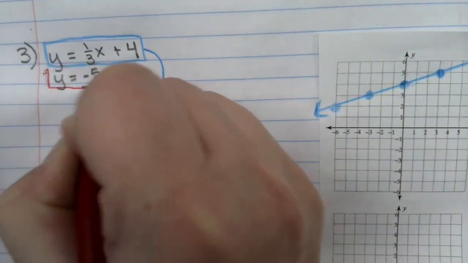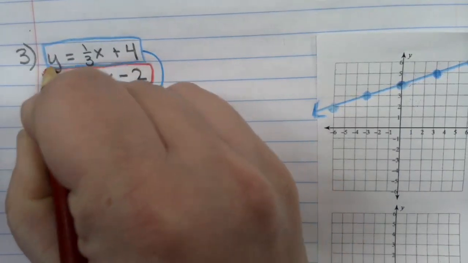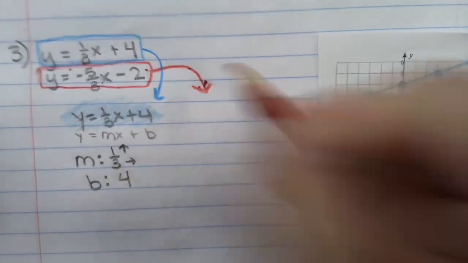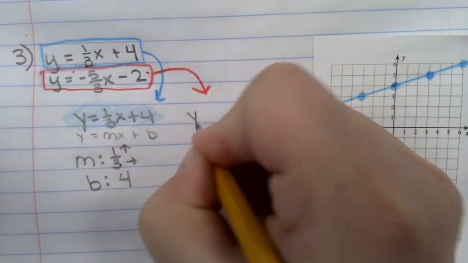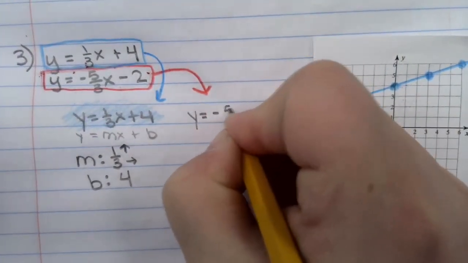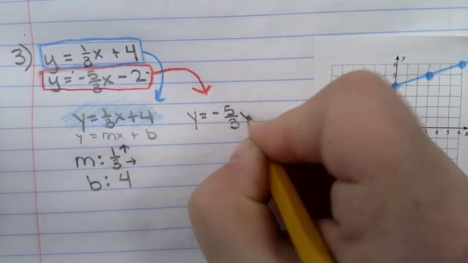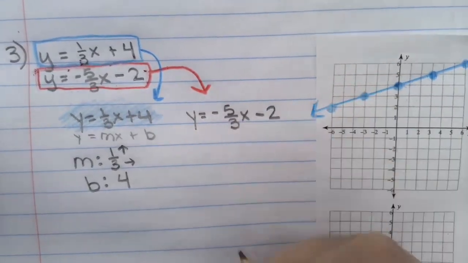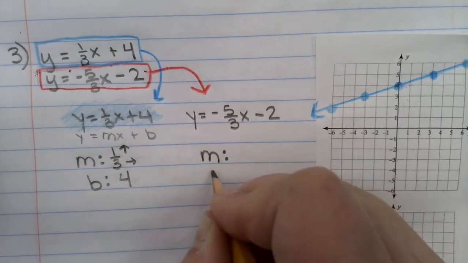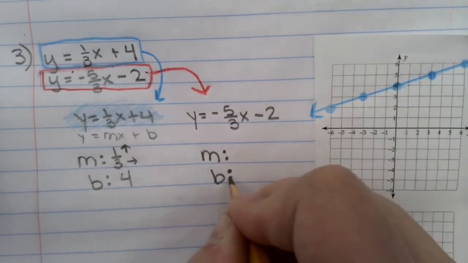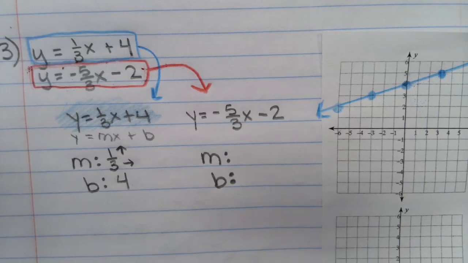All right, so I'm going to do this one in red. I'm going to show my work over here. So I have y equals negative 5/3 x minus 2. So I'm thinking, what is my m, what is my slope, and what is my y-intercept, my b?